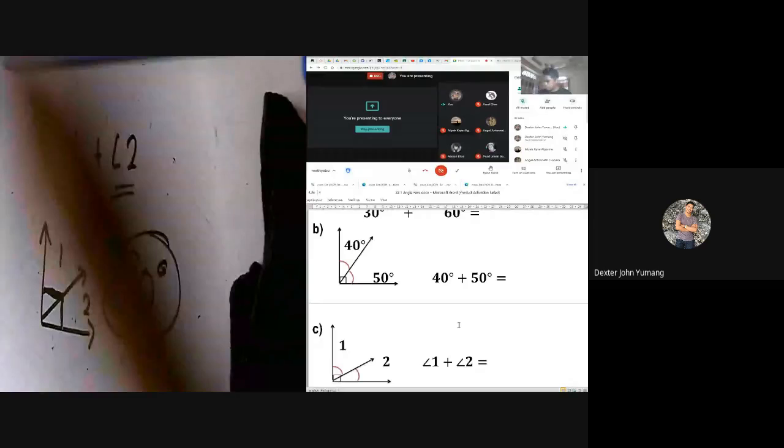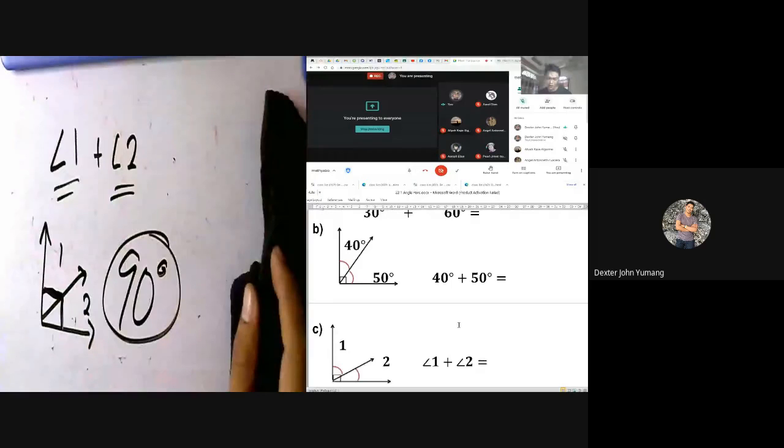Okay, type done. If you're done with example letter B and letter D copying, then we will proceed to example number 2.